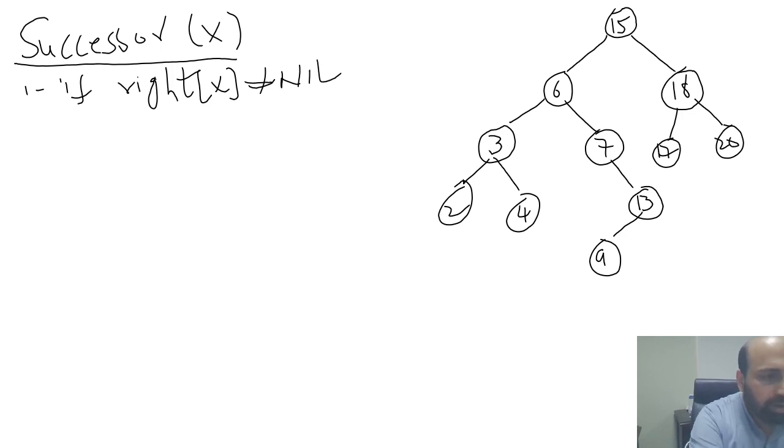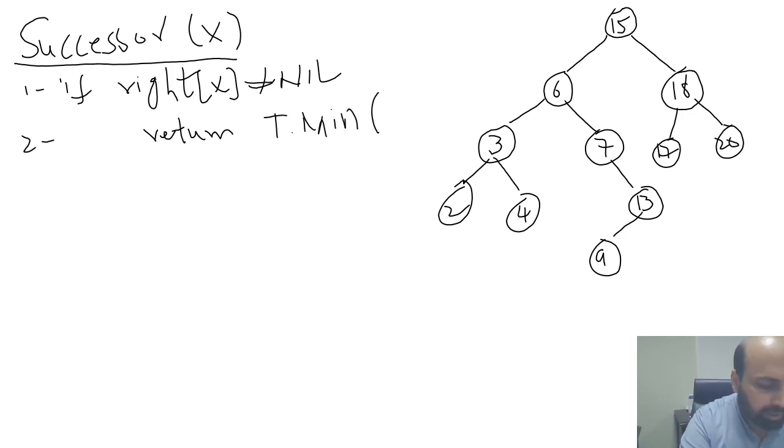right? Then what we need to do? It means it has a right subtree. Then it's very simple. We return the minimum of the right of X. That's it, right?